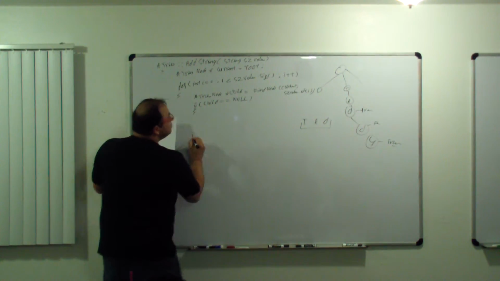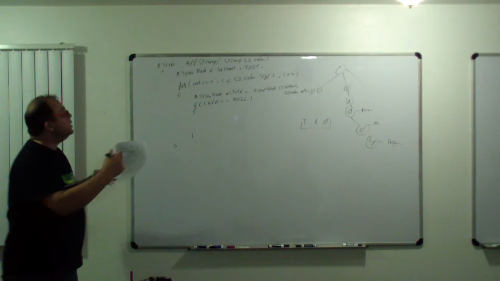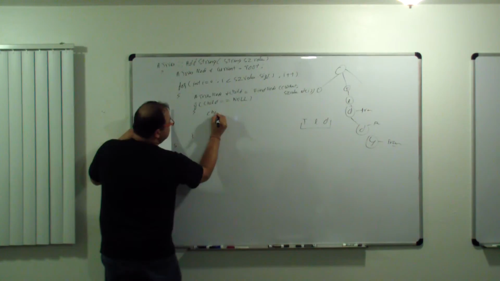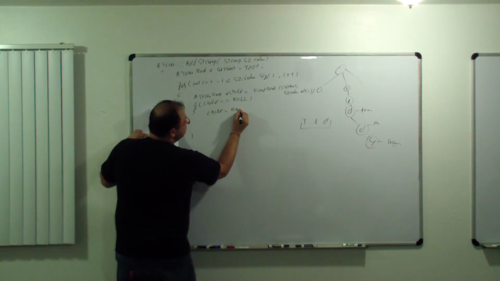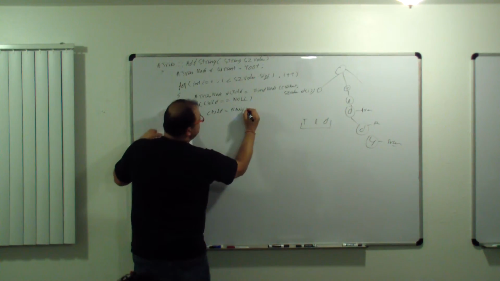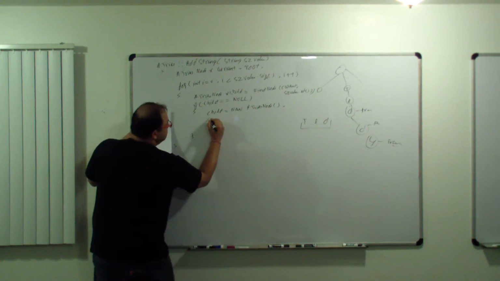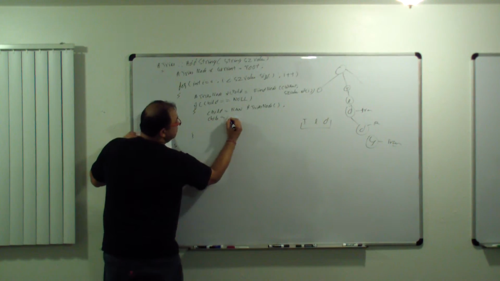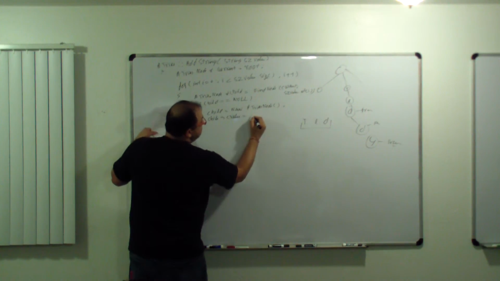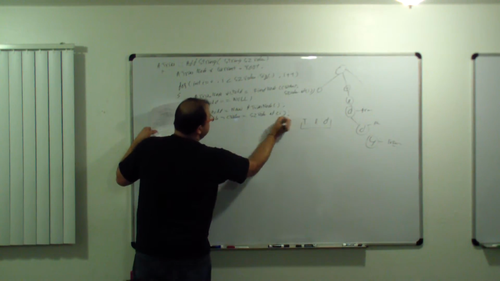So if child is equal to null, which means I didn't get anything, I will create child is equal to new ATries node, and then child arrow data is equal to SG value add i.